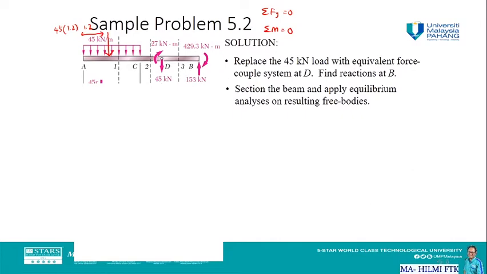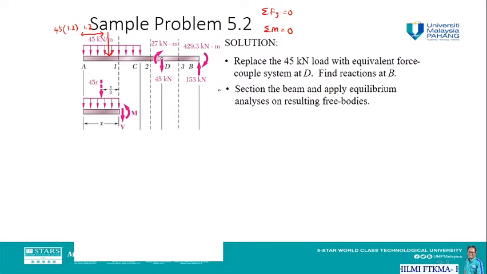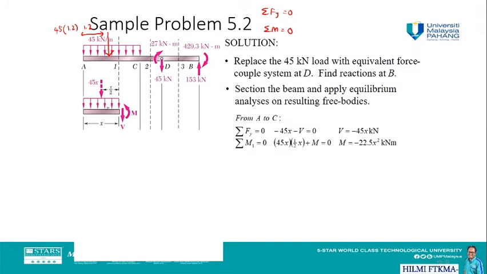So next we are going to section the beam and apply equilibrium analysis on resulting free bodies. So we are going to start from point A to x distance before point C. So what we have here is we are going to represent the distributed load again with one concentrated load.